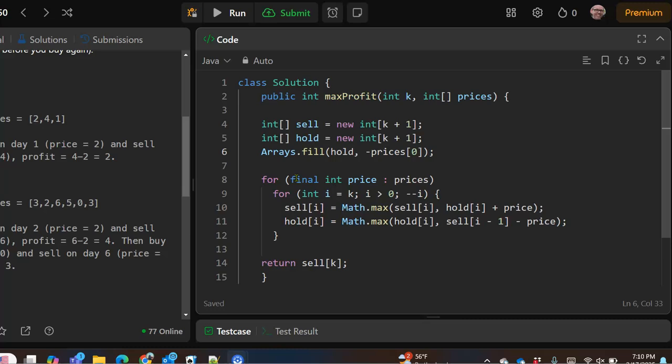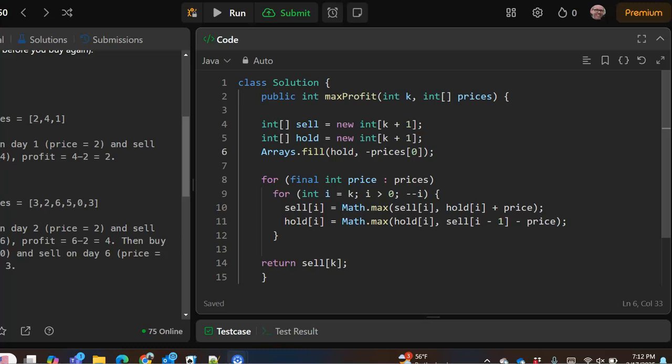We've got the integer coming in, k, that's our maximum number of transactions. We have the prices coming in. We're going to initialize a couple of arrays, a sell array and a hold array. Let me explain those now.